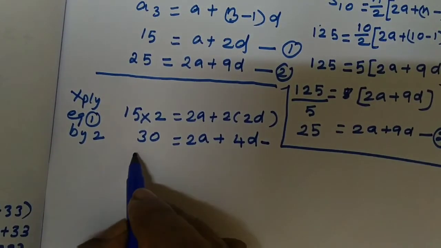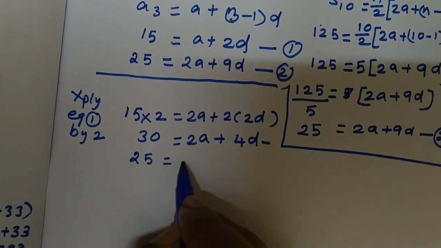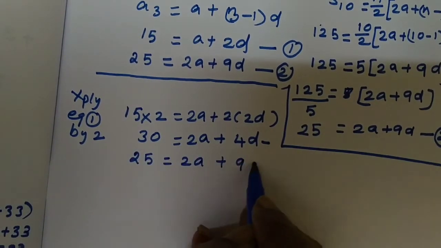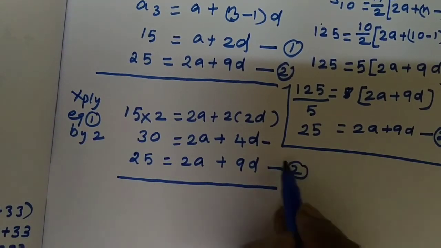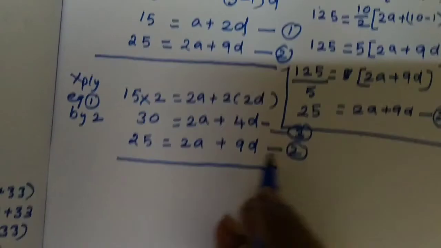Write equation 2 here. 25 is equal to 2a plus 9d. This is equation 2. This is equation 3.